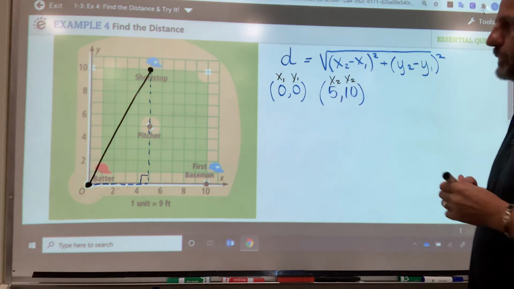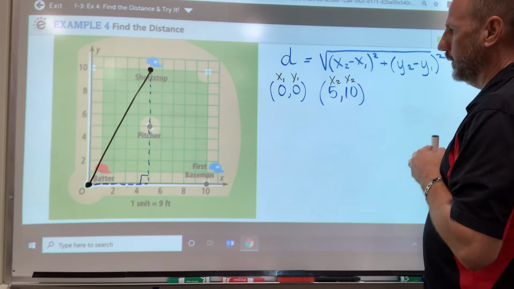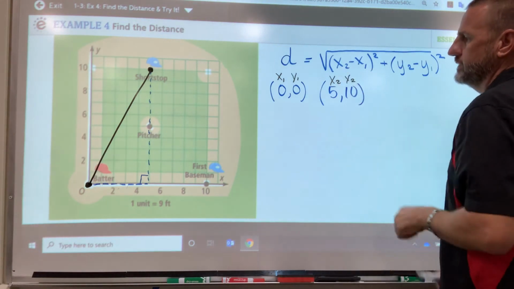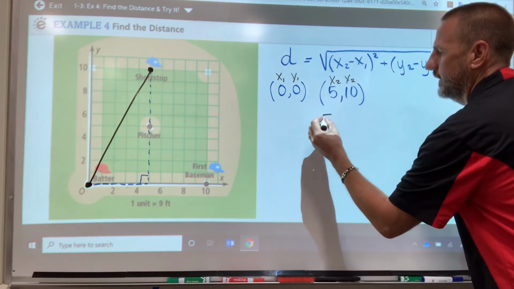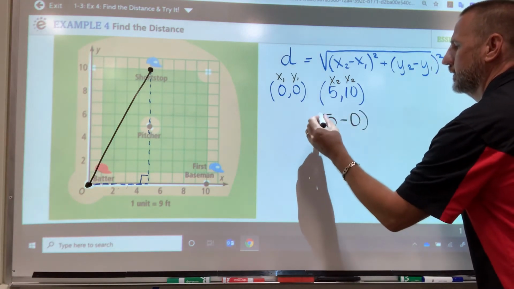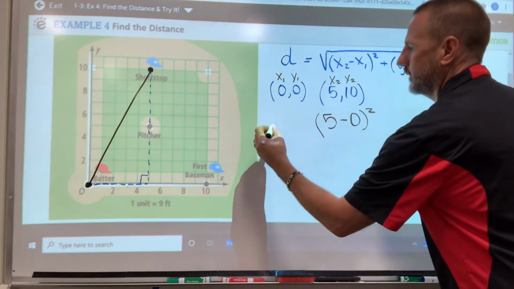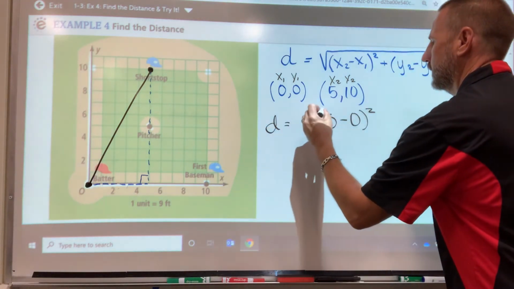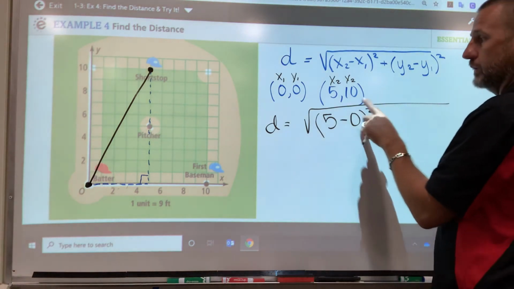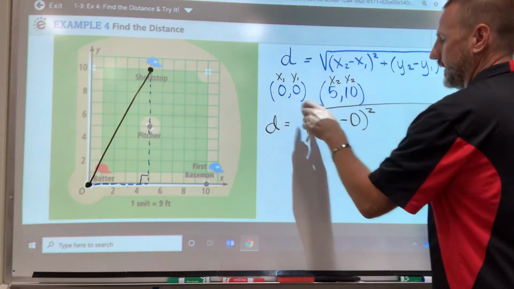All right, let's see what happens when I follow the formula. It says x2 take away x1, so that would be 5 take away 0 squared. Now my second one is y2, 10, take away 0 squared.